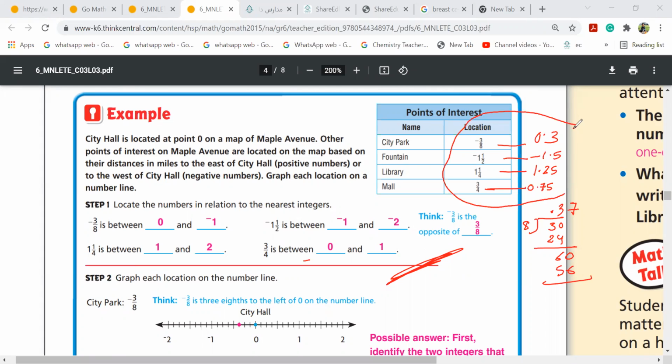Please write, don't forget to write this, because with these values I'm going to put it on the number line. Done?